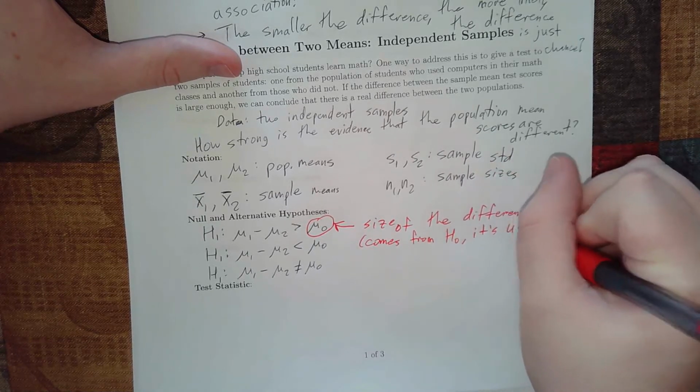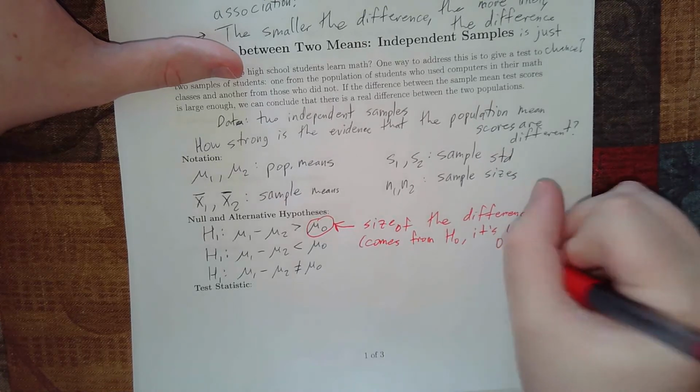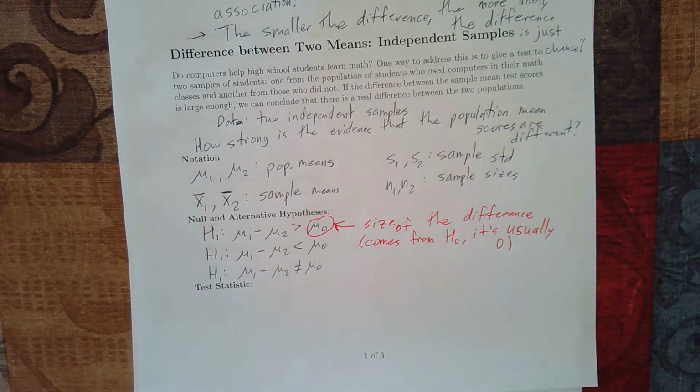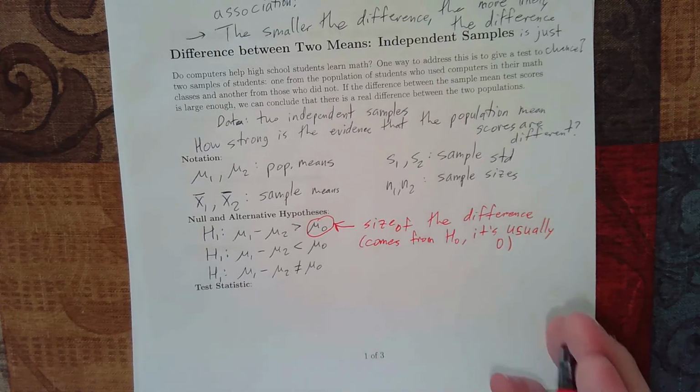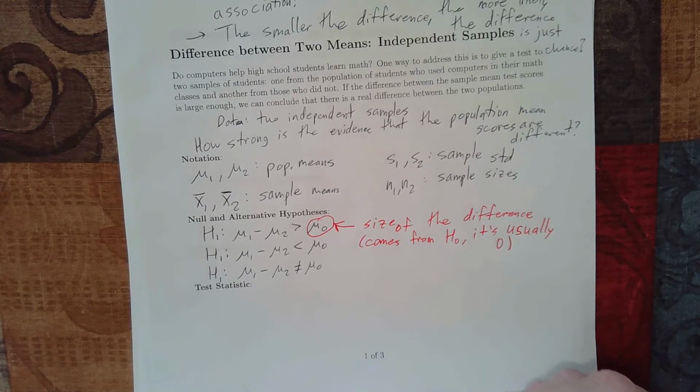It's usually going to be 0. So usually we'll be saying, can we say that one is better than the other or not better? And usually when we're doing this, we're not specifying a magnitude by how much better or greater than or less than something is. And so when we're not specifying that magnitude, usually we're going to see 0.